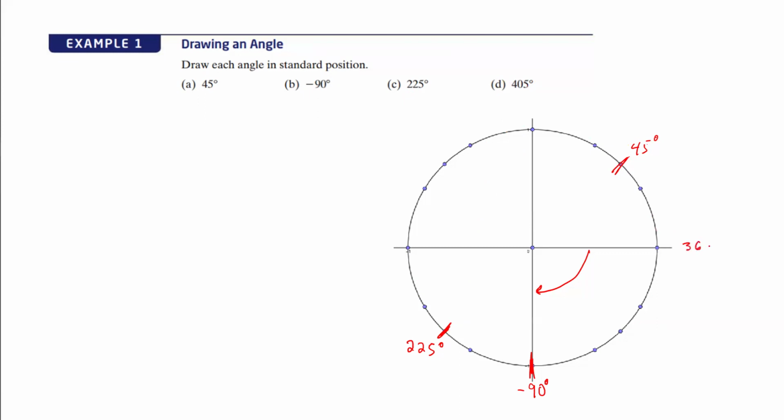So we're going to have to come all the way through to 360 and then add, how much do we add to 360 to get 405? Well, 45. So we can see that if I do the revolution, then this is also 405 degrees. So 45 degrees and 405 degrees are coterminal angles.